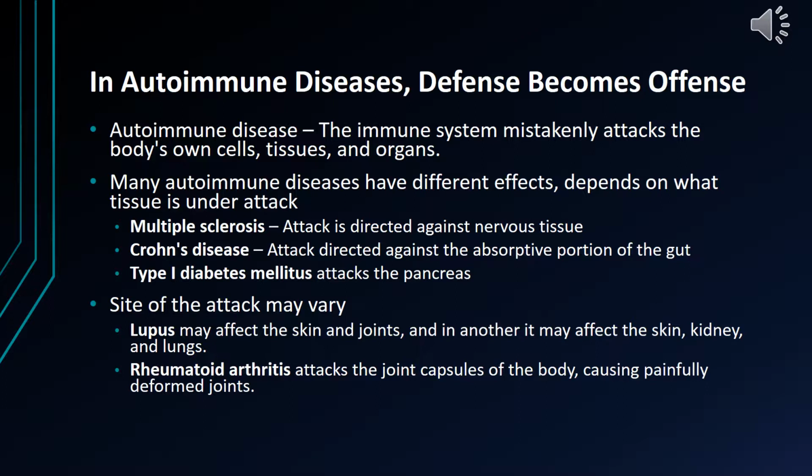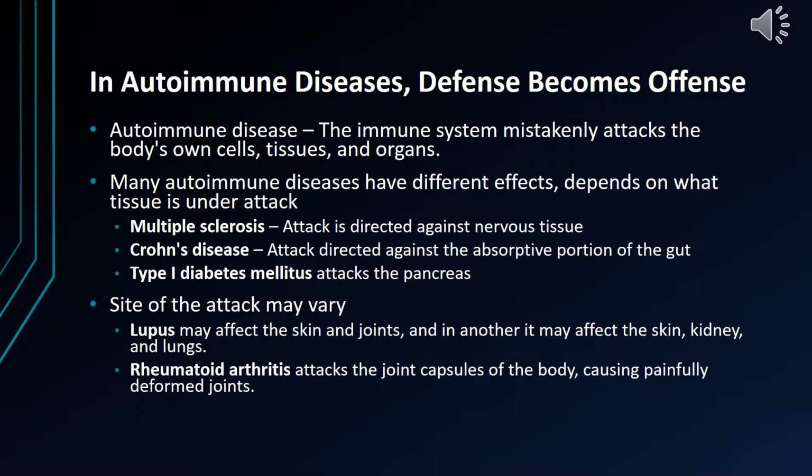In multiple sclerosis, the attack is directed against the nervous tissue, and in multiple sclerosis, we actually have T cells attacking the Schwann cells, which produce myelin around the axons of the neurons, and they just destroy them to such a point that we can no longer send nerve impulses efficiently, which explains the symptoms of multiple sclerosis.